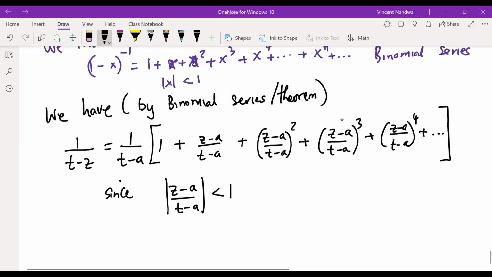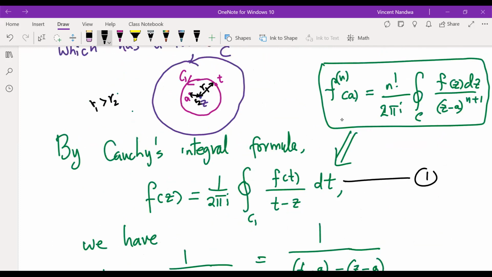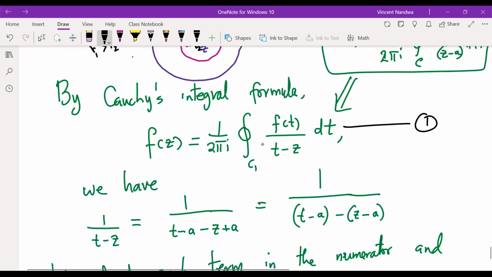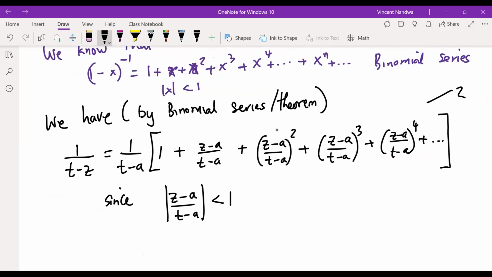So therefore, now going back to equation 1, if I call this one 1, let me call this one 2.